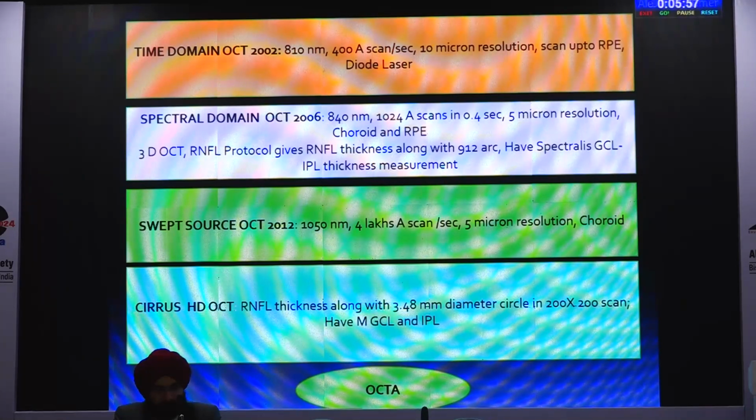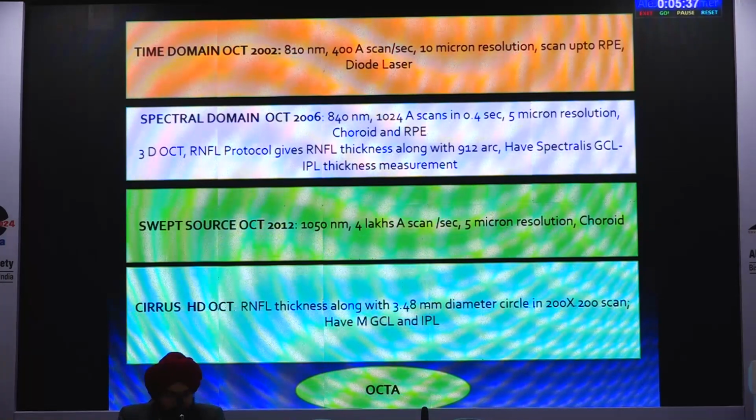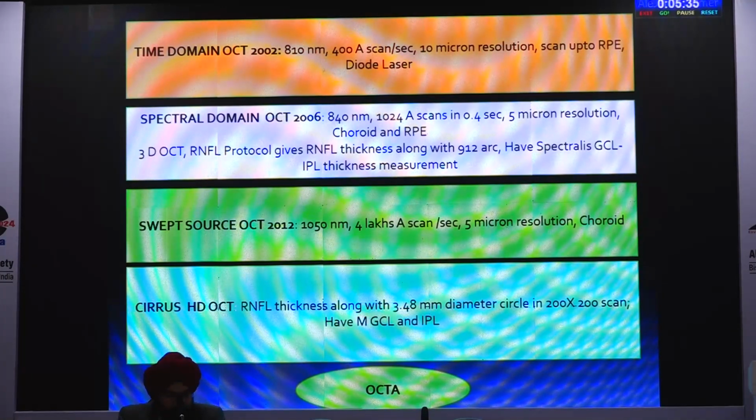Now for the protocol, the 3D OCTs, RNFL protocol, which also gives a GCL and IPL thickness measurement. Swept-source OCT again, the wavelength is 1050 nanometer, and it can scan 4 lakh A scans per second with 5 micron resolution. CIRRUS OCT, where you also have a macular GCL and IPL parameter.